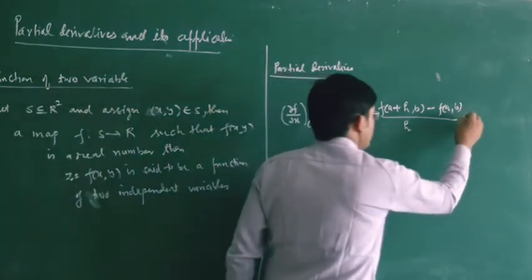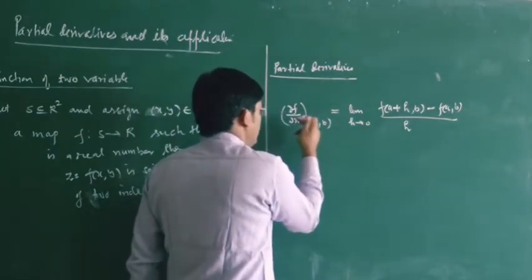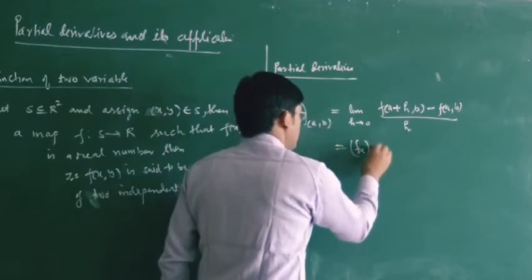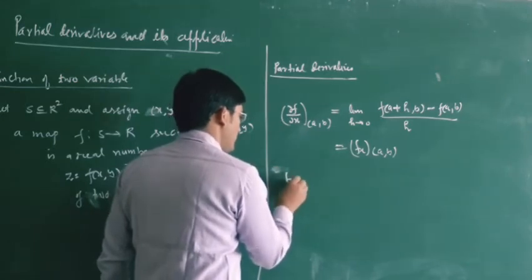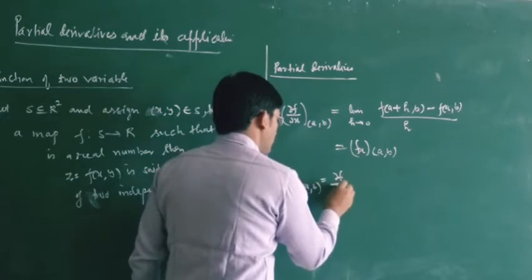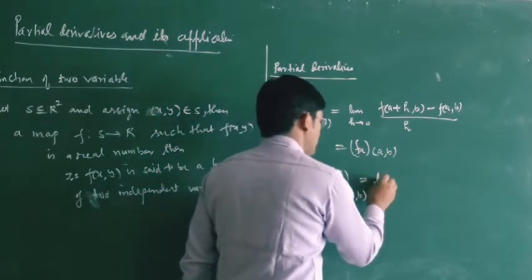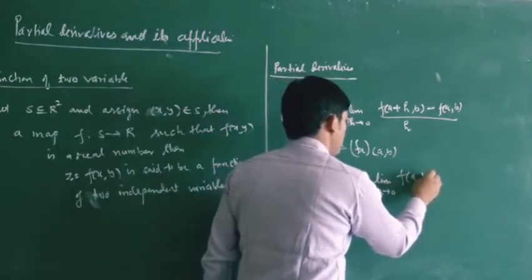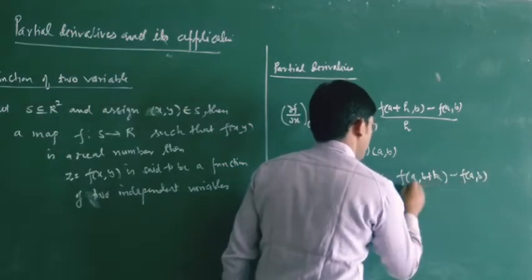We also denote del f upon del x at (a, b) as fx at (a, b), and fy at (a, b), that means del f upon del y at (a, b), is equal to limit k tends to 0, f of (a, b plus k) minus f(a, b) divided by k.